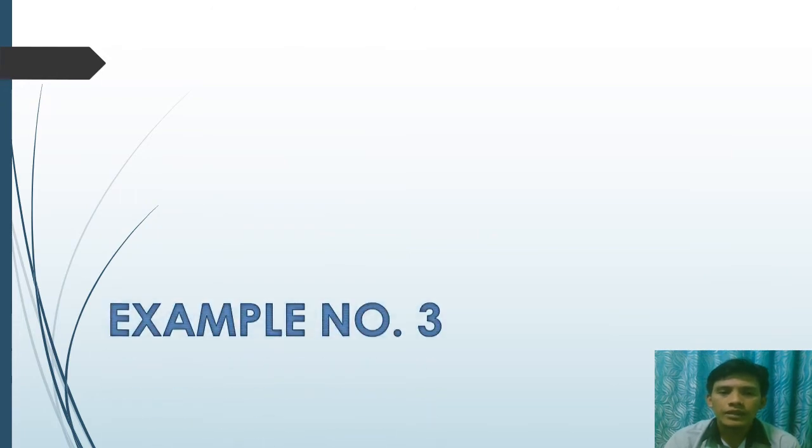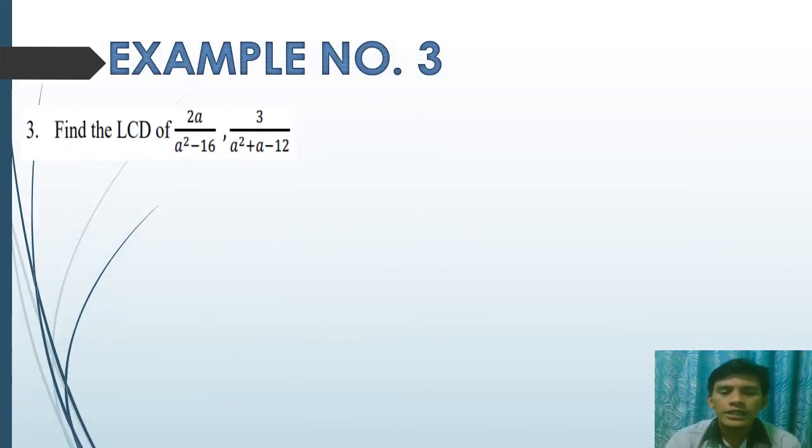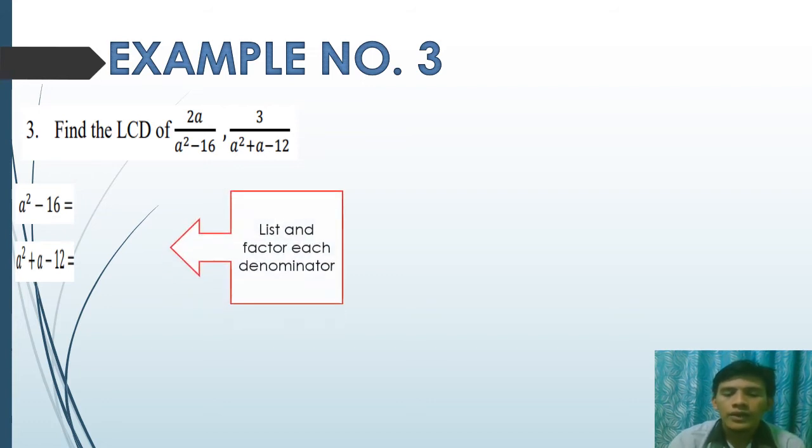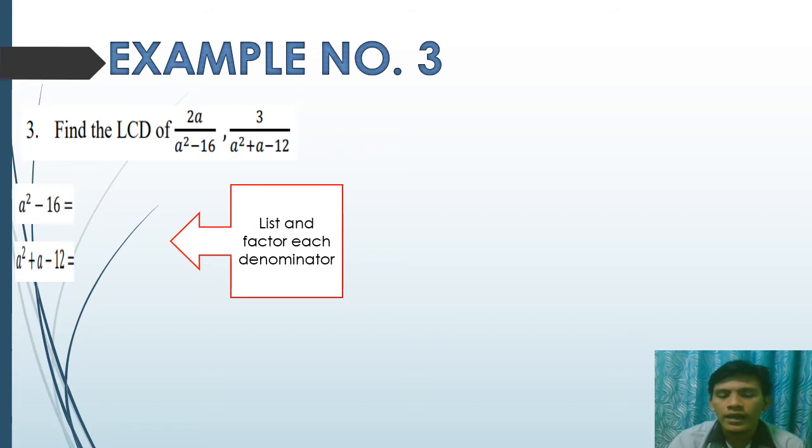Example number 3. Find the LCD of 2a over a squared minus 16 and 3 over a squared plus a minus 12. a squared minus 16 and a squared plus a minus 12 are our denominators. We need to list and factor each denominator.